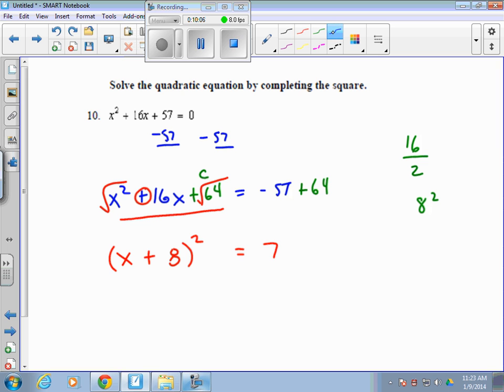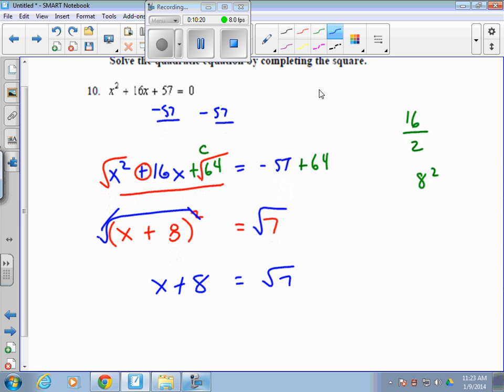So in order to get rid of squaring this whole left side, you want to take the square root of it. That'll cancel it out and leave you with x plus 8. If you take the square root of the left, you've got to do the same thing to the right, the square root of 7. So the only thing we have left to do to complete this square is to get x by itself by getting rid of plus 8 and subtracting it on both sides. x equals negative 8 plus the square root of 7.